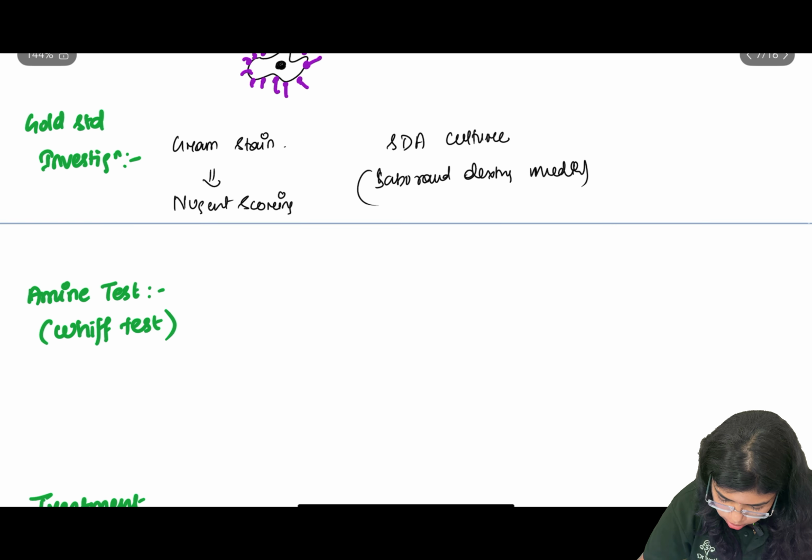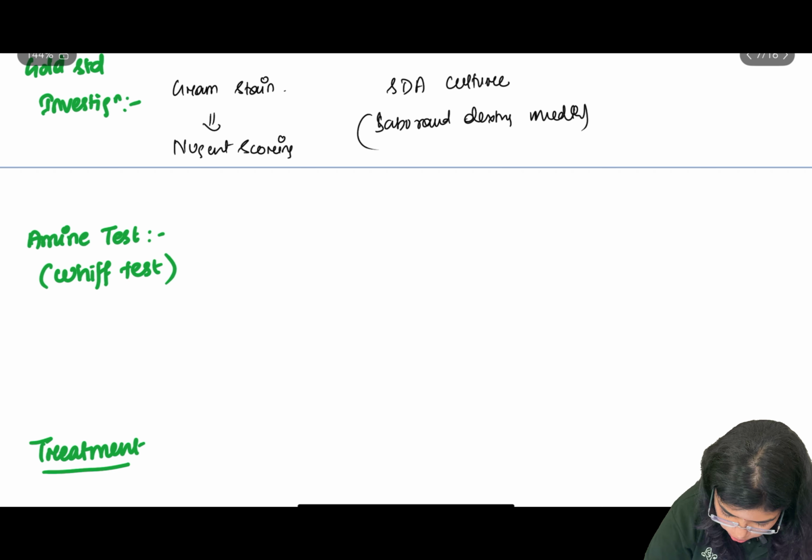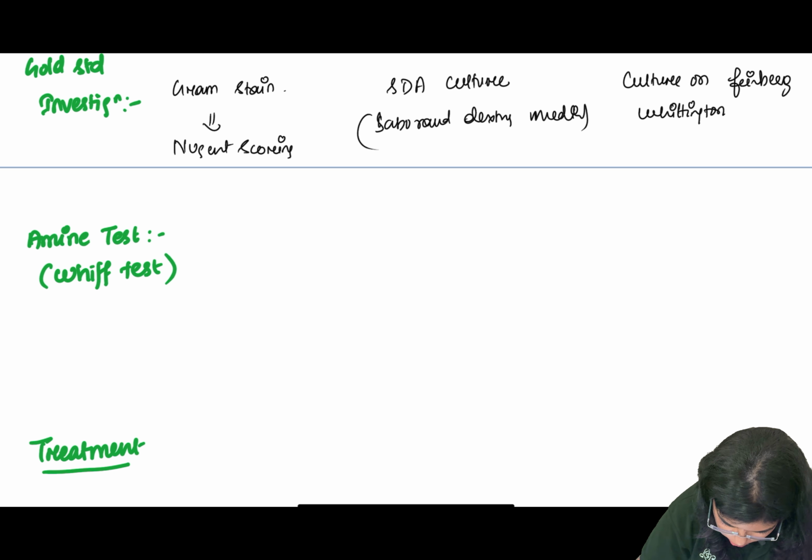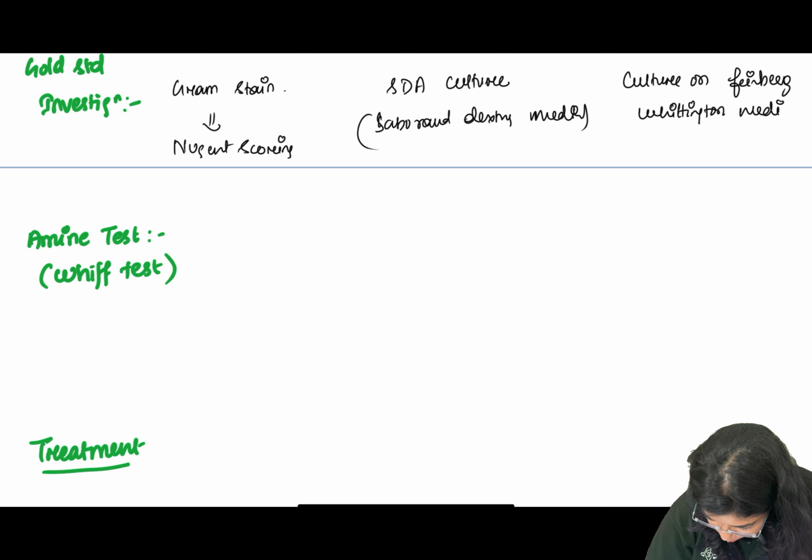And what is the gold standard investigation in trichomonas? In trichomonas, the gold standard investigation is culture on Whittington media or Diamond media.